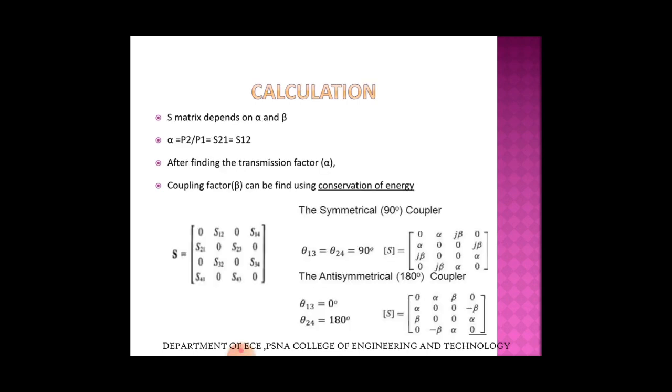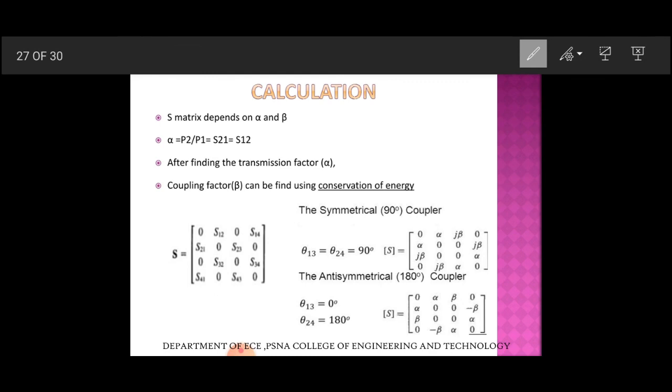After calculating the parameters, that is directivity, coupling factor, return loss and transmission loss, we are now moving to the important part, that is the S matrix of the directional coupler. The S matrix of the directional coupler is given below, related with the working of the directional coupler, as the S matrix relates the incident and reflected wave.